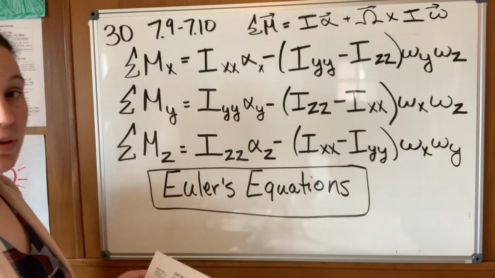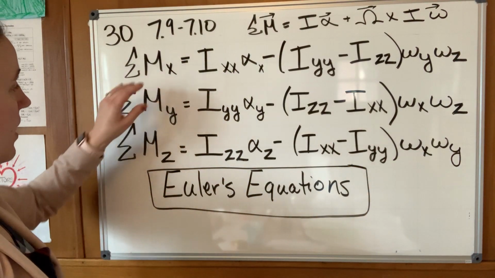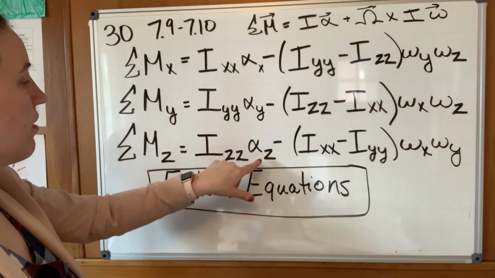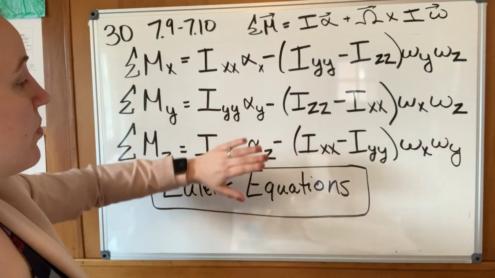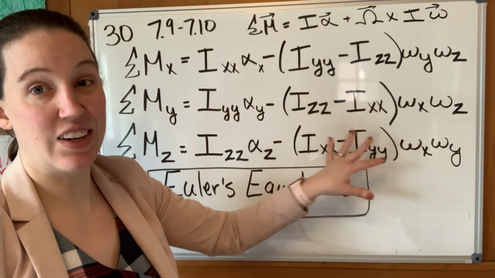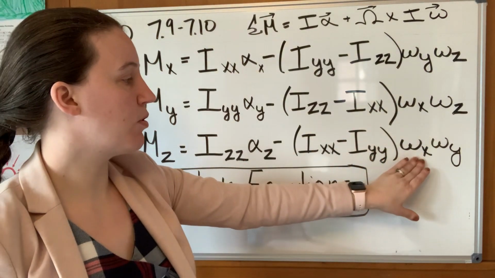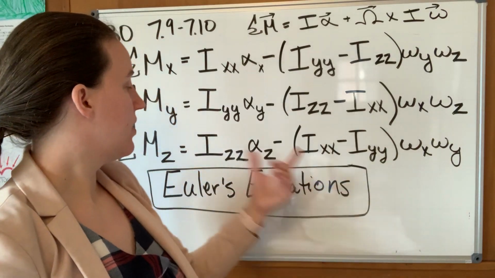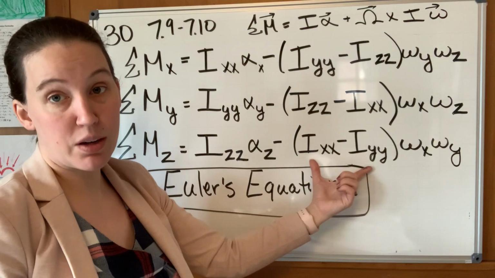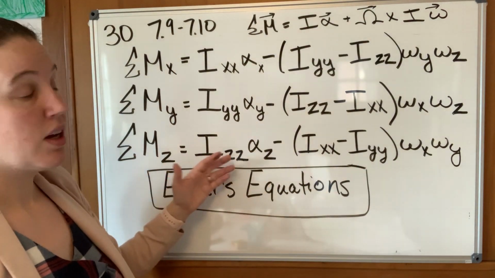Now this is kind of cool because, just like what we normally would be talking about, the sum of the moments in the z is going to be I zz alpha z. This is still the same as long as some combination of these are 0. If there's no rotation in the x or in the y, then this is still fine. And if these two terms are equal, this is still true.